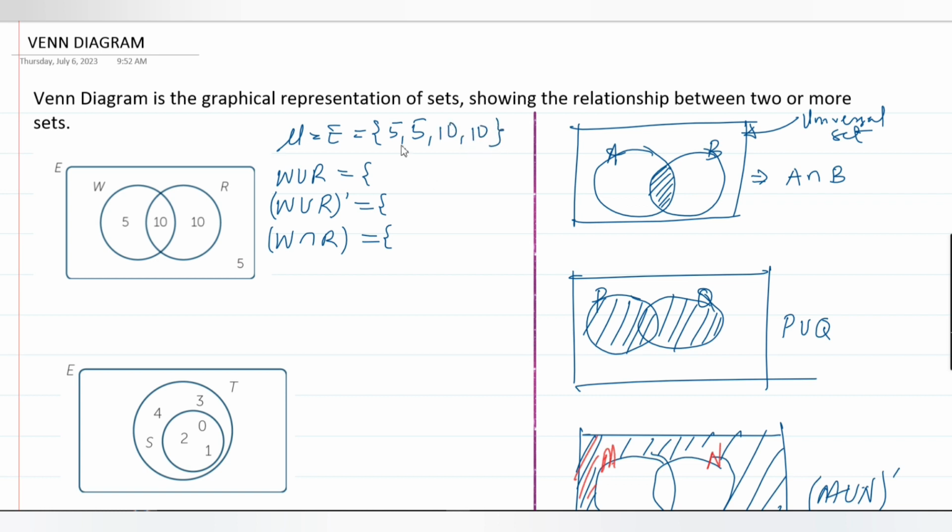I know you may be thinking, why are we repeating 5 and 10? This is not like the set where we said earlier that every member of a set is unique.